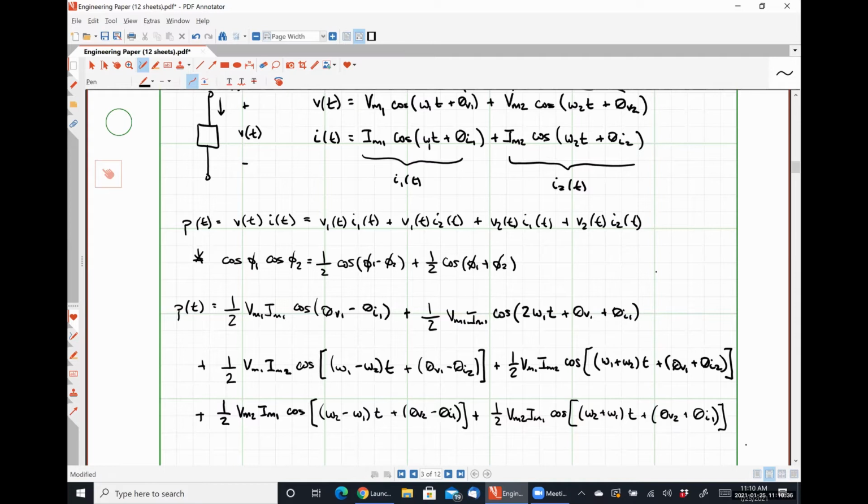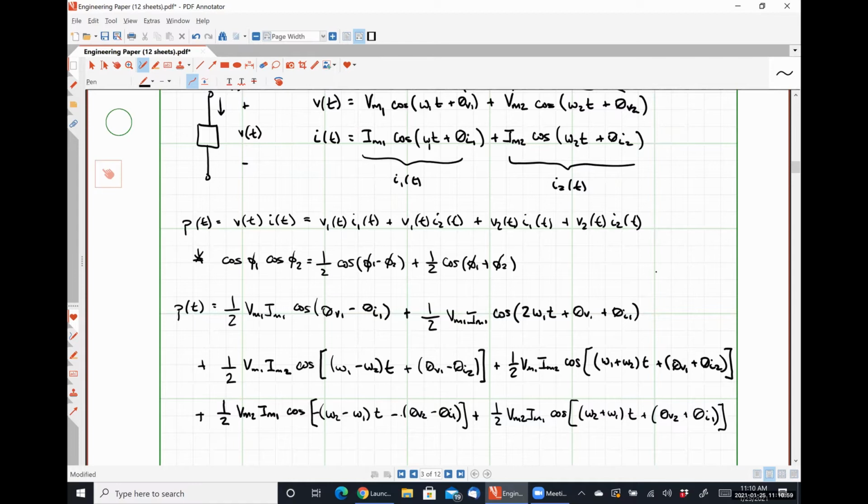So we could treat this one as if we put a negative sign here and a negative sign there. So we're multiplying the angle by a factor of -1.